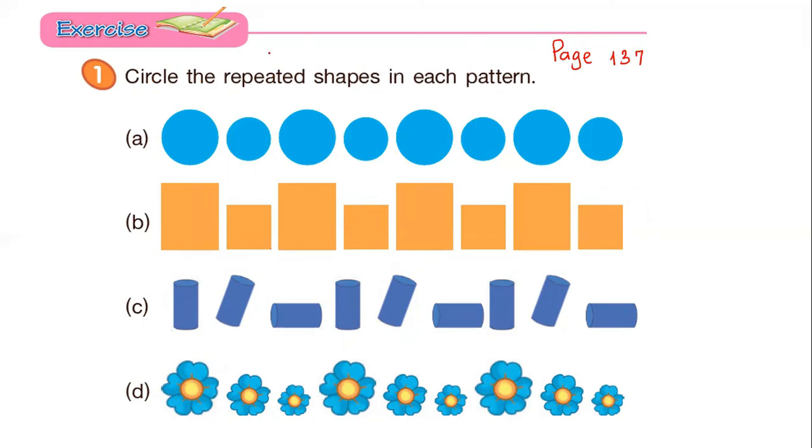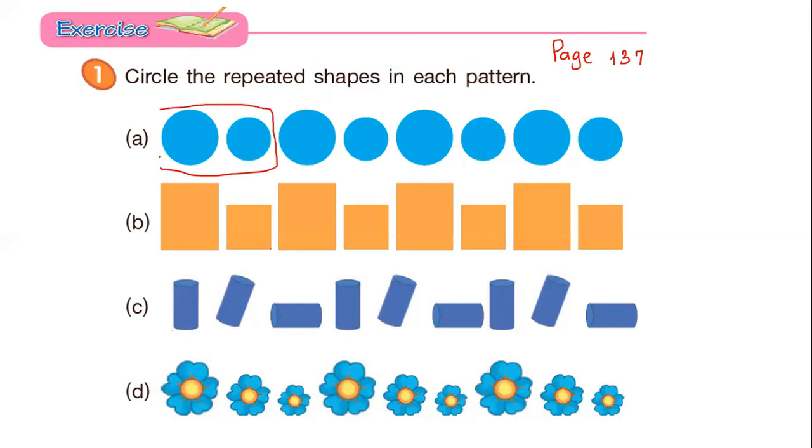So which shapes are being repeated? I will answer part A, then you answer part B, C, D. In part A we can see big circle, small circle, big circle, small circle, big circle, small circle. So a big circle and a small circle are being repeated.